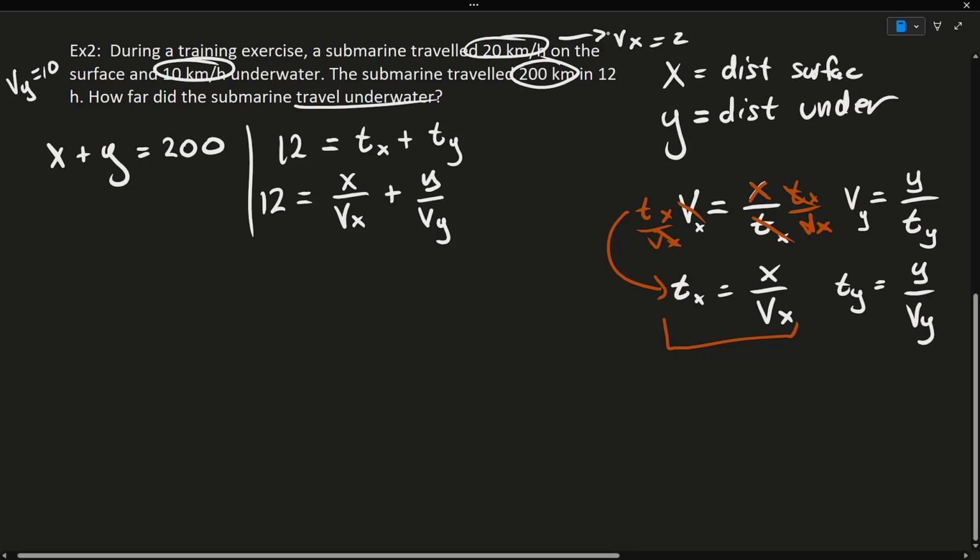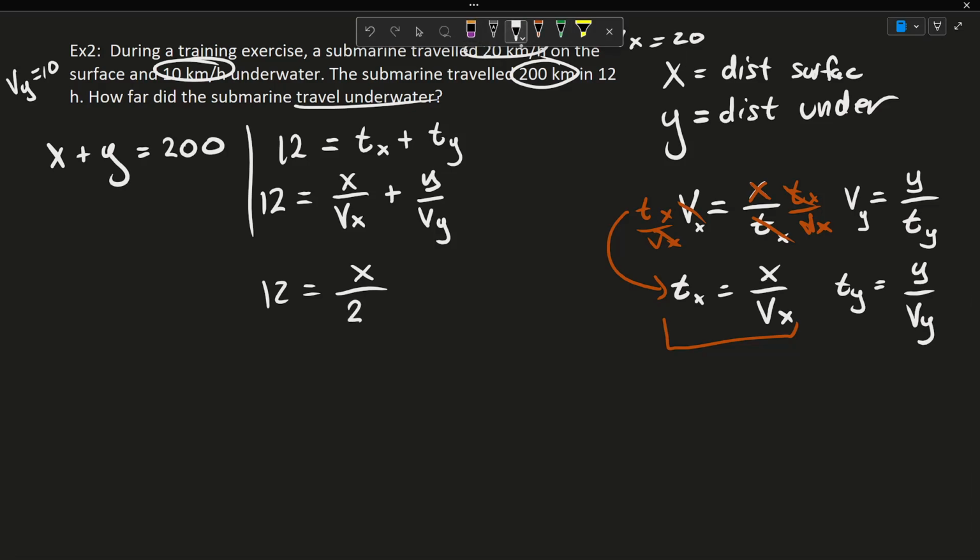So I'm going to go ahead and do that. So 12 is x over 10. Sorry, that's going to be a 20 there. I think I messed that up. This is a 20, plus y over 10.